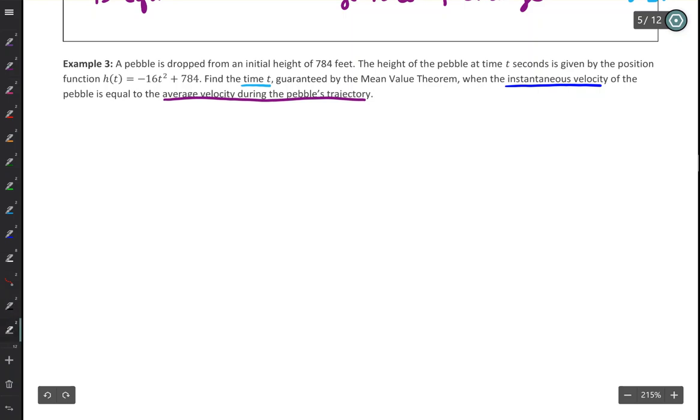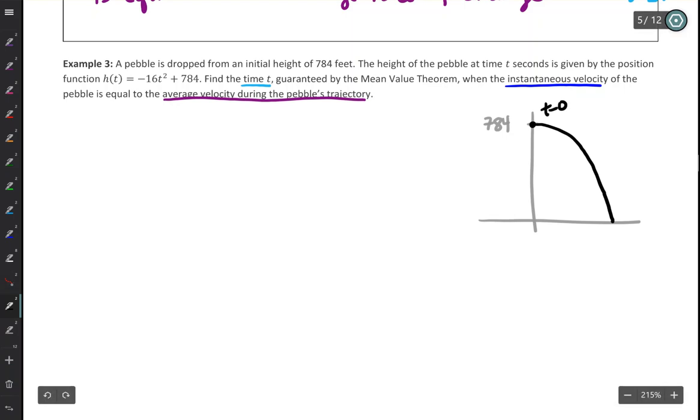So we have a picture, say like this. Here we are up at 784 feet, not to scale. That's at time 0. And the pebble is being dropped, and then it hits the ground.